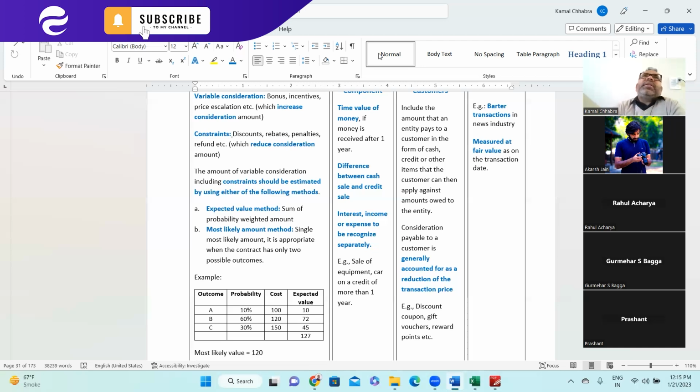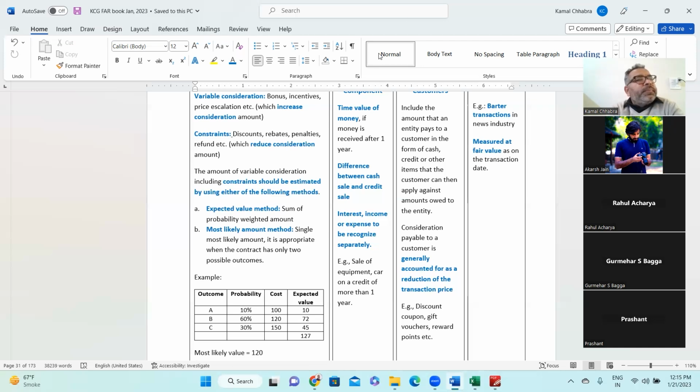Or second, for example, if you are selling a car, how many people would buy the extended warranty at the 50% discount?